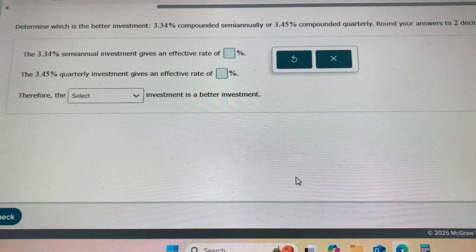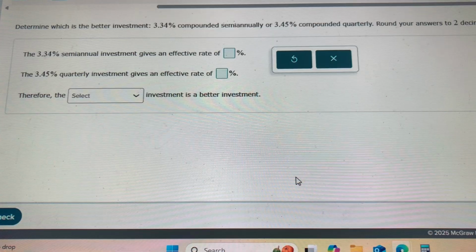Okay, which is a better investment? 3.34% compounded semi-annually or 3.45% quarterly.